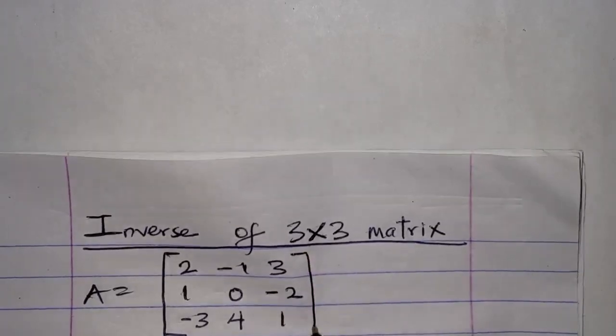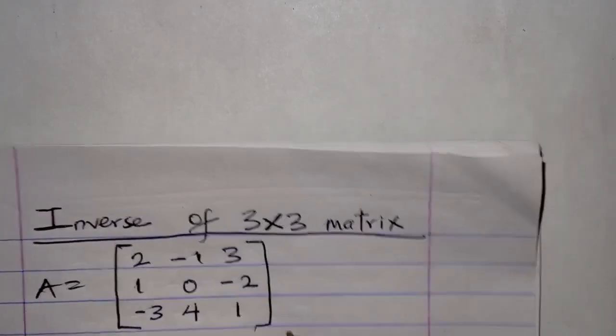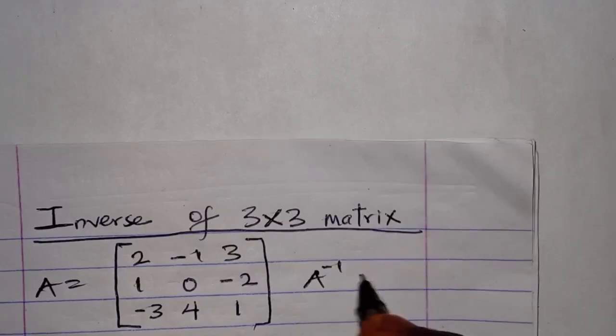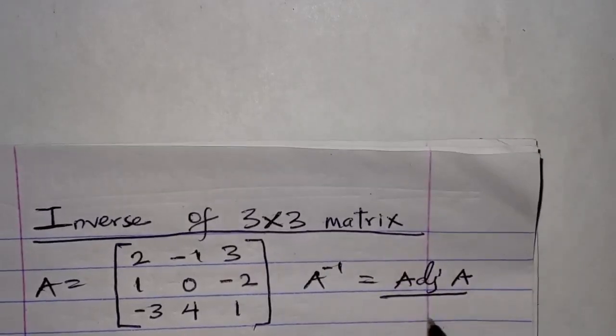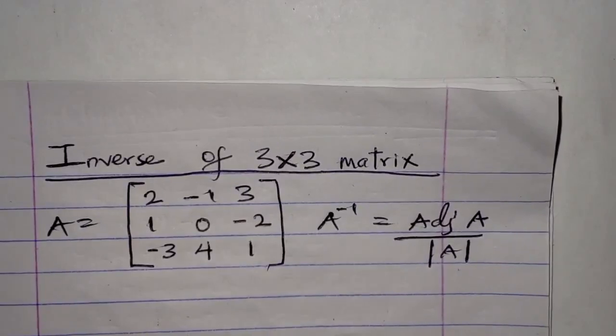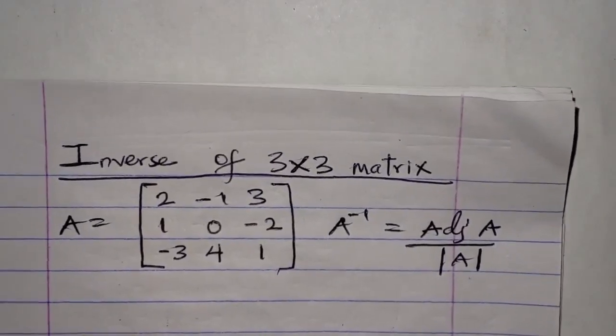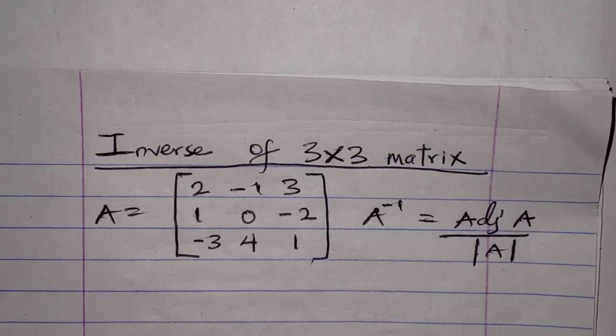I want to find the inverse of this matrix A. Recall that inverse is the ratio of the adjoint of the matrix to the determinant of that matrix. And the adjoint of a matrix, like I said, is the transpose of the cofactor matrix. So let us determine the cofactor matrix now.